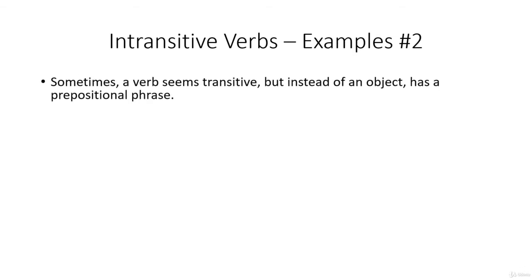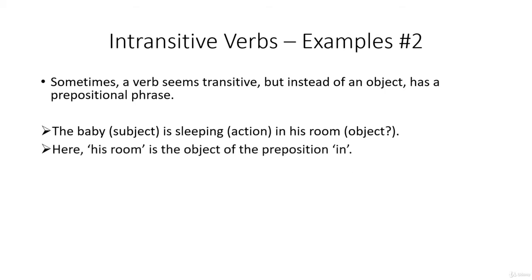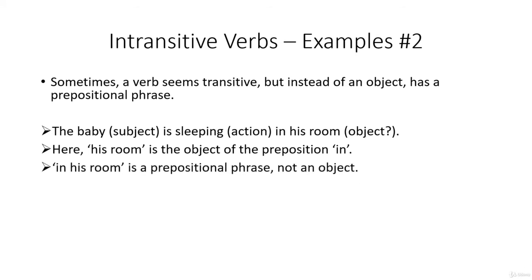Now you've got to be a little bit careful, because sometimes a verb might seem to be transitive, but instead of a direct object, it has a prepositional phrase. So the baby is sleeping in his room. Does that make in his room an object? The baby's the subject is the same, the verb is the same, but it's not an object, because his room is the object of the preposition in, and in his room is a prepositional phrase, not an object.